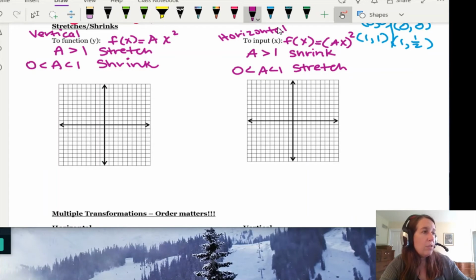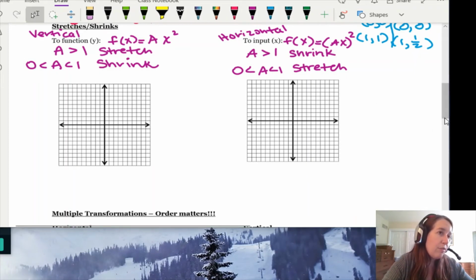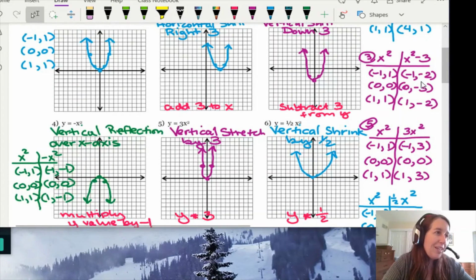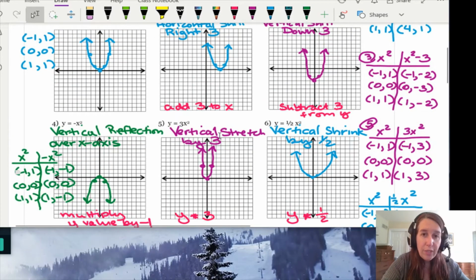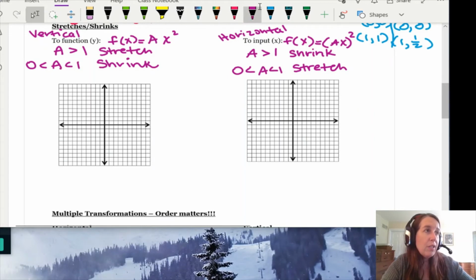Okay, let's do an example of each. Actually, maybe we should just do 2 horizontal examples, because right above in the last video we just did 2 verticals. We did the vertical stretch and the vertical shrink. So we haven't seen the horizontal. So let's just do some horizontal information now.